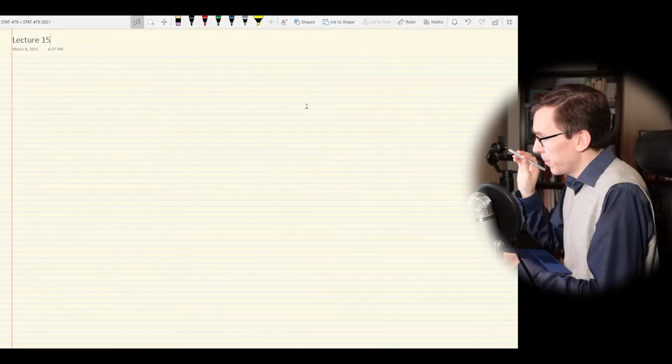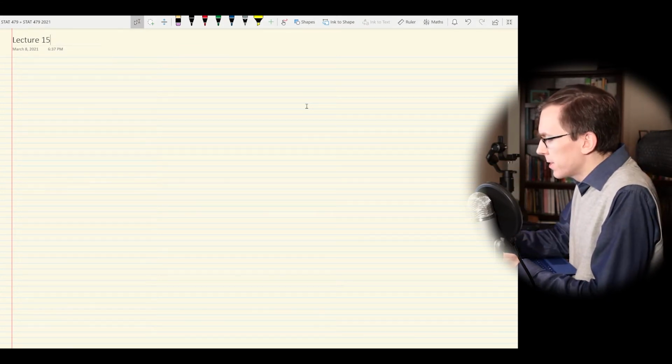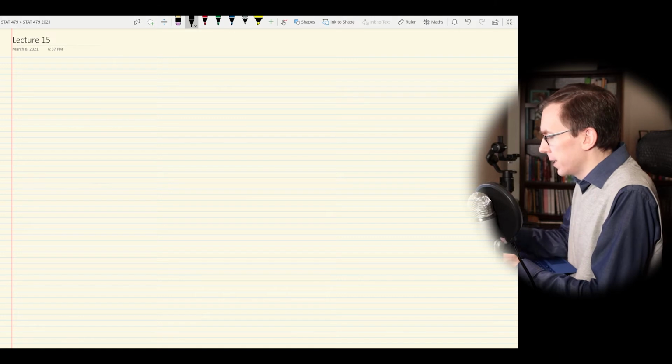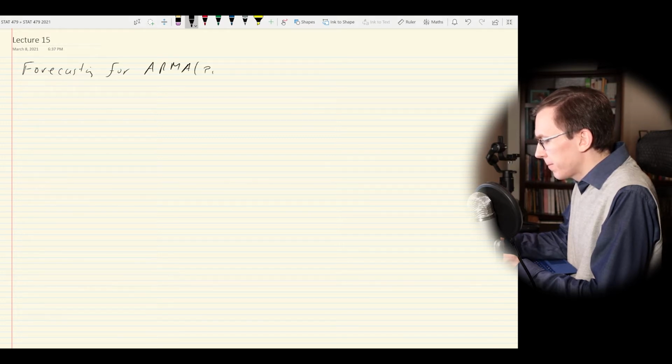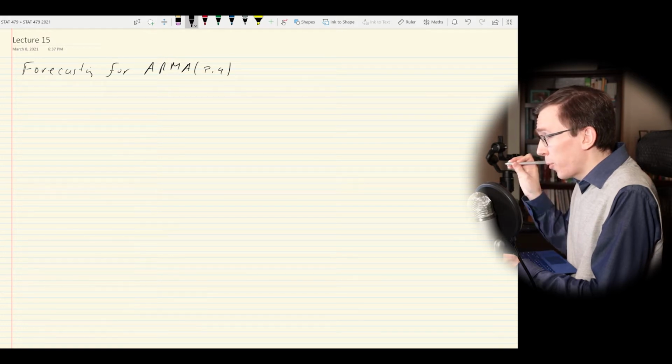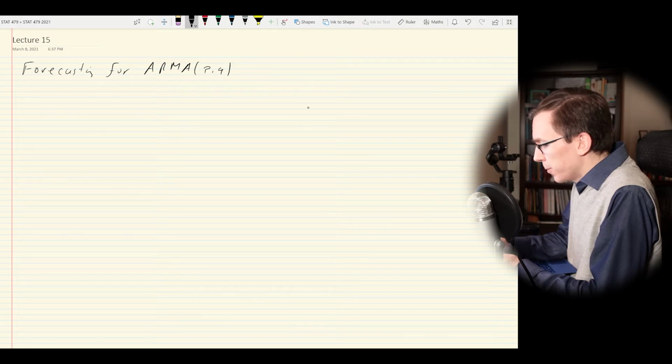All right, so what I wanted to do was just start by recalling some of the notation that we used in the last lecture so that we're on the same page. So first of all, this is forecasting for ARMA(p,q). Now, when we're doing forecasting for an ARMA process, first we need to note what the ARMA process looks like.